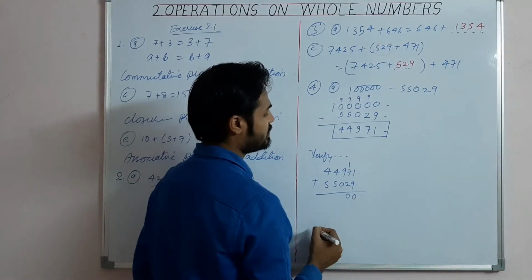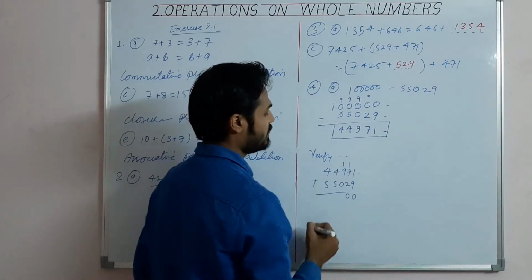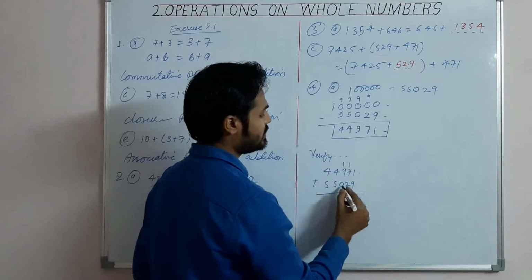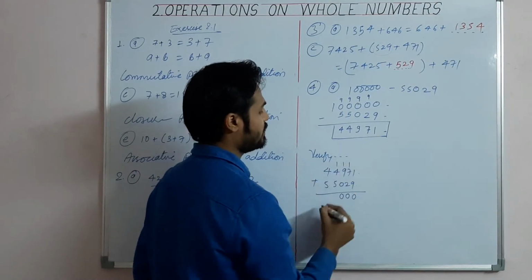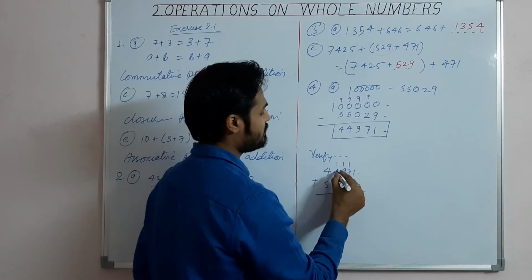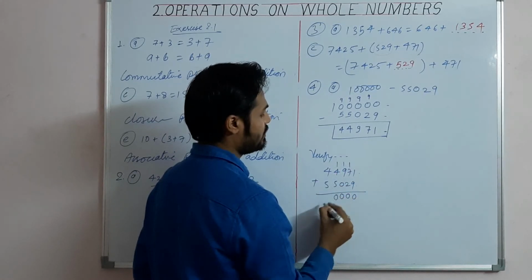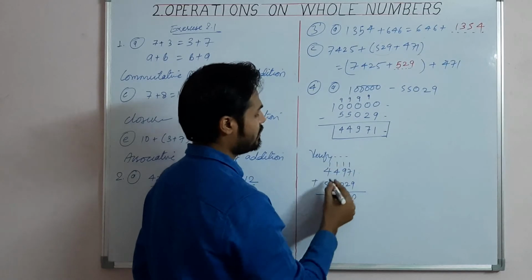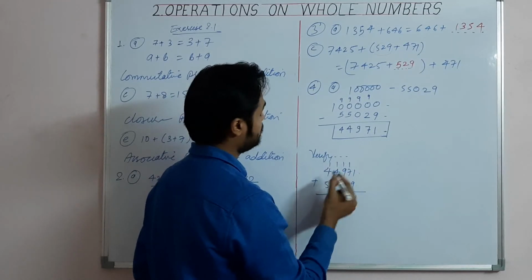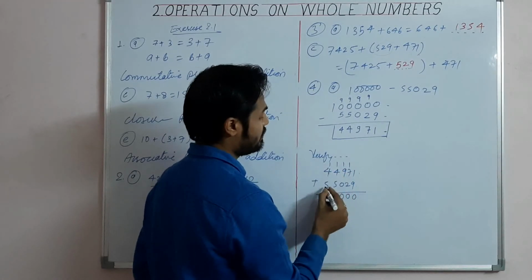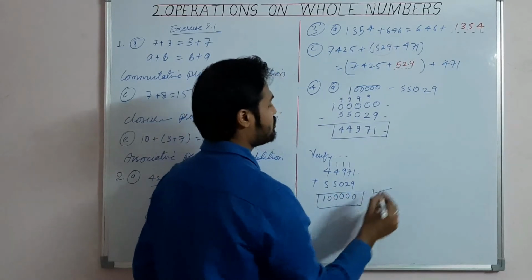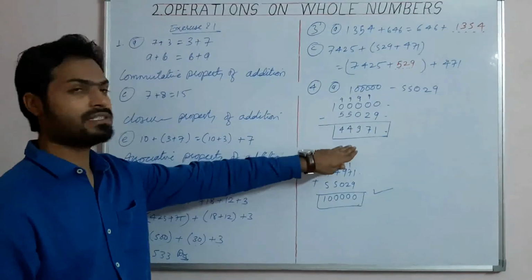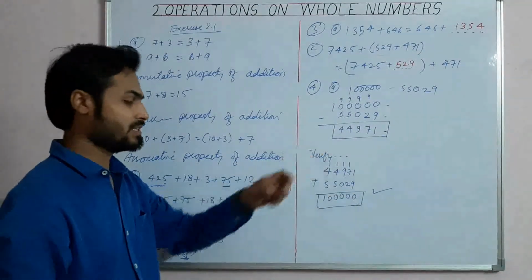So we'll write 0, again writing 1 here. 9 plus 1 is 10, plus 0 is 10. Again write 0 here and 1 here. 1 plus 4 is 5. 5 plus 5 is 10. Again write 0 and 1 here. Now 1 plus 4 is 5, 5 plus 5 is 10. So this is the answer. So what we have calculated is correct, and this is the verification.